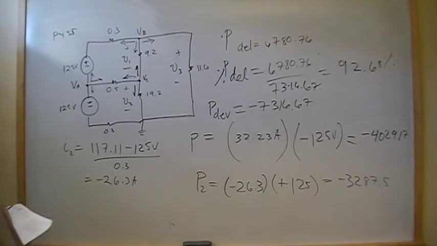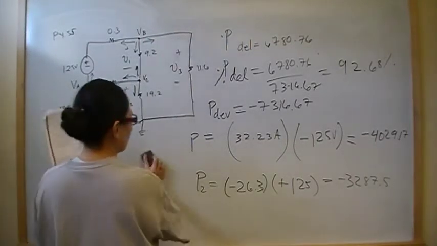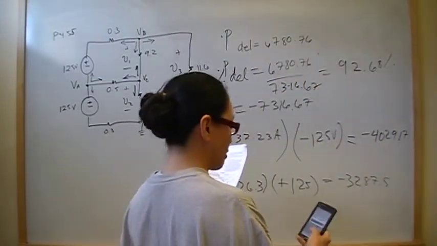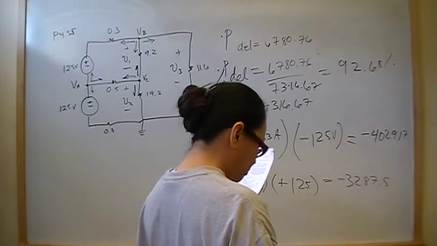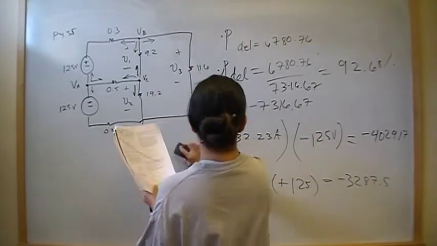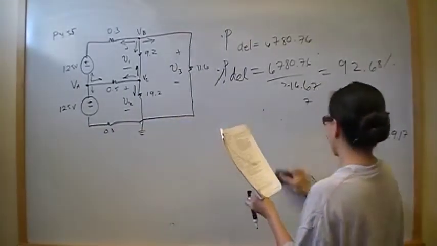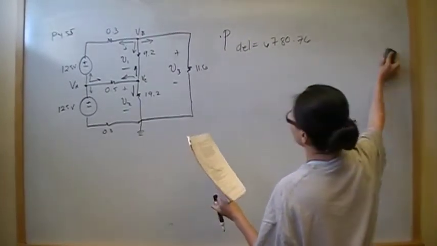So now part E. Part E says, now we're going to open that circuit and asks what happens when we open that.